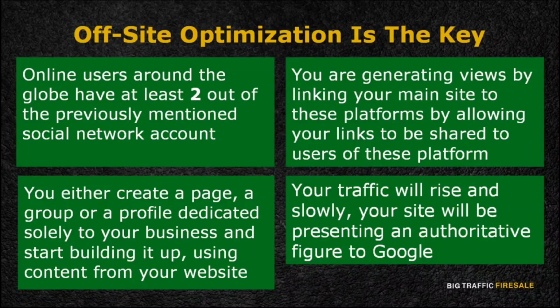You either create a page, a group, or a profile dedicated solely to your business and start building it up using content from your website. This way, you're generating views by linking your main site to these platforms. Doing so allows your links to be shared to users of these platforms. Your traffic will rise, and slowly your site will present an authoritative figure to Google.